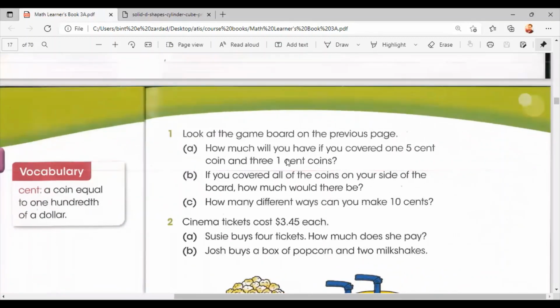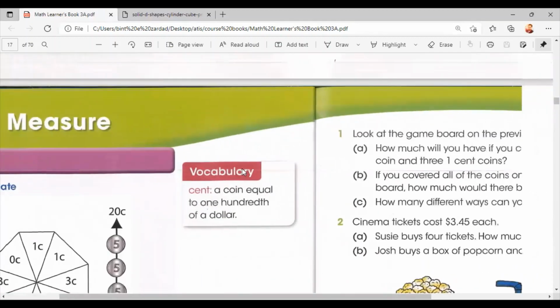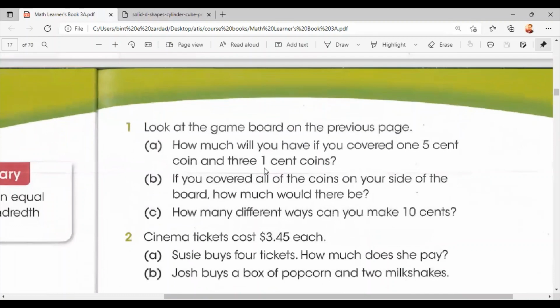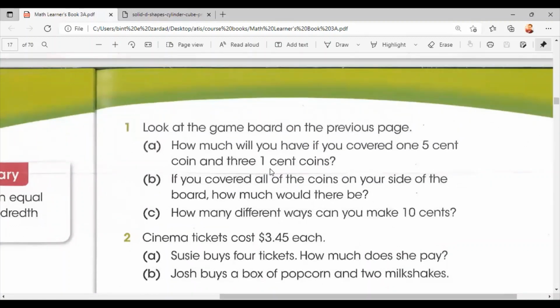Look at the game board on the previous page. How much will you have if you covered one 5-cent coin and three 1-cent coins? So there is one 5-cent coin. This is a 5-cent coin.